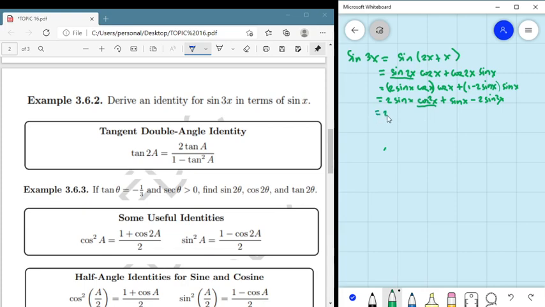It would be equal to 2 sine x times 1 minus sine squared x plus sine x minus 2 sine cubed x.